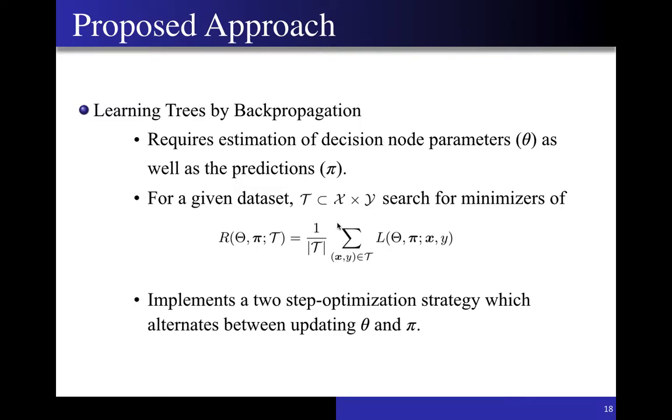So the authors propose a training strategy which is to first update pi, and while doing this, theta should be kept fixed, and then theta should be optimized using the objective function while keeping pi fixed.